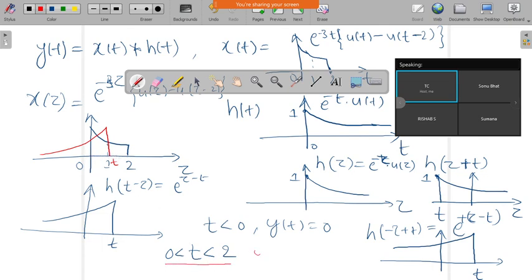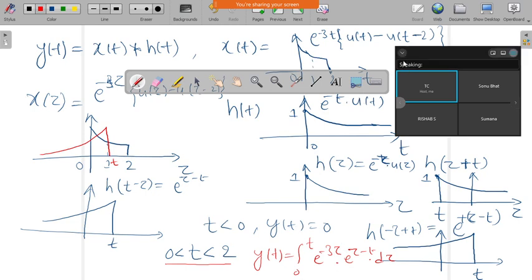Now your y of t will be the integral from 0 to t. The input signal is e power minus 3 tau, and the impulse response signal is e power tau minus t, into d tau. So this is the convolution integral, and you need to perform this one.